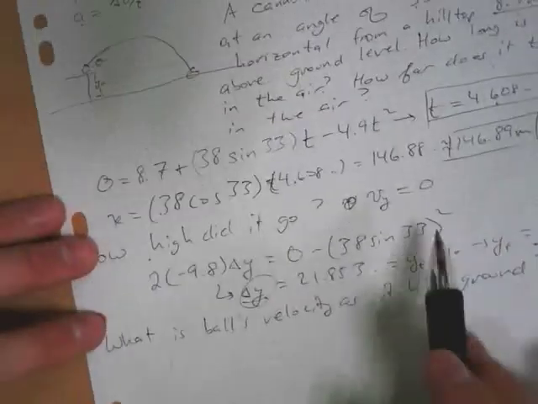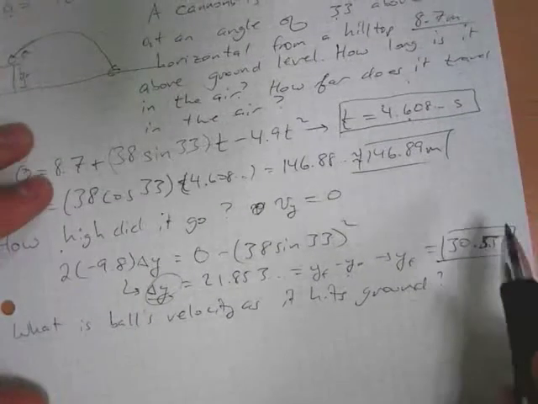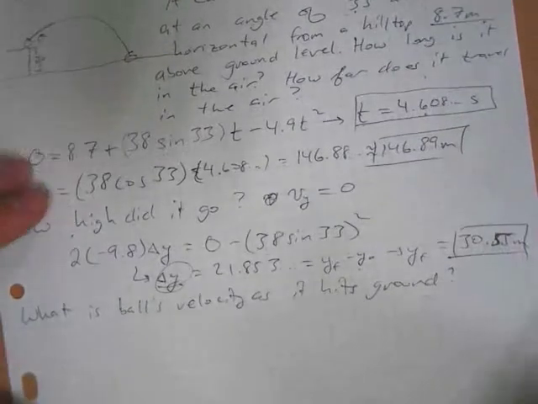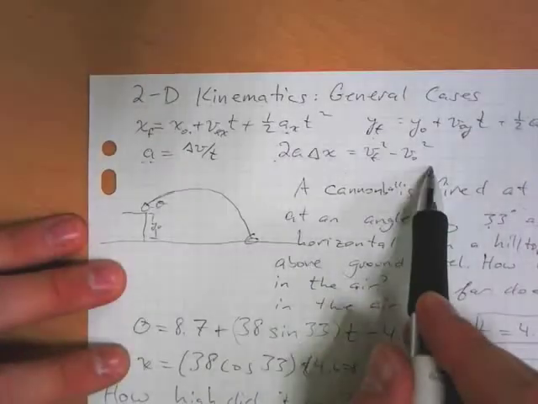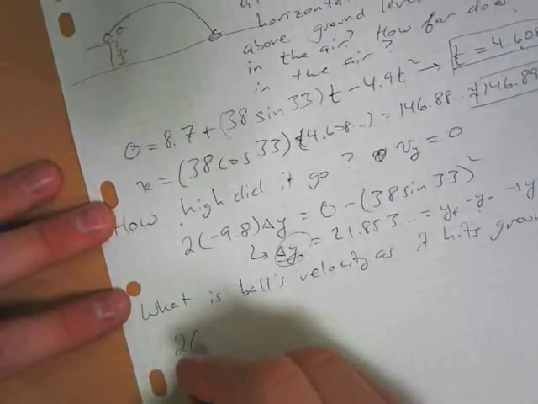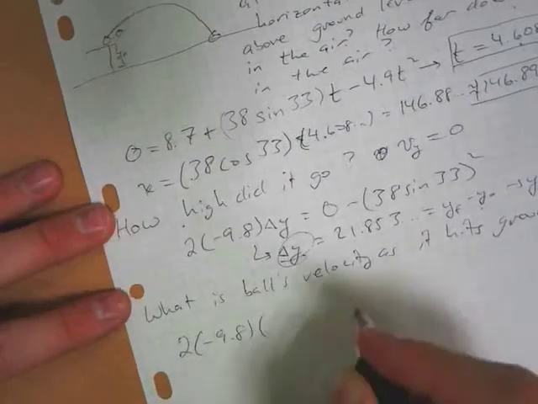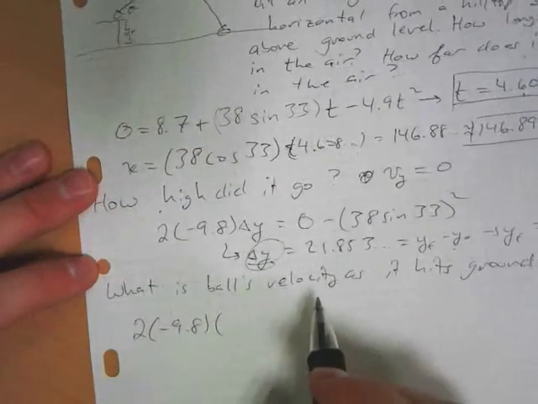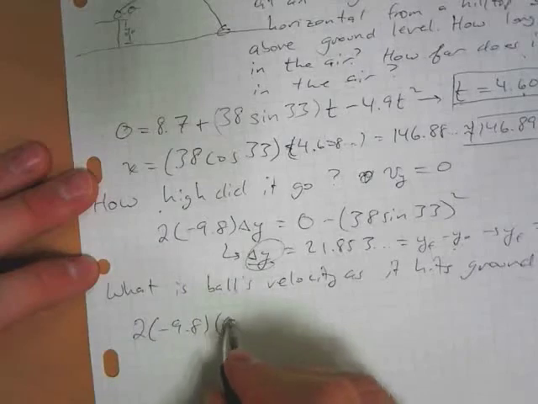Well, we already have our time, so we could use that and calculate it. But again, we can use the time-independent equation. Our acceleration is minus 9.8. Our delta y is y final minus y naught, so that's 0 minus 8.7.